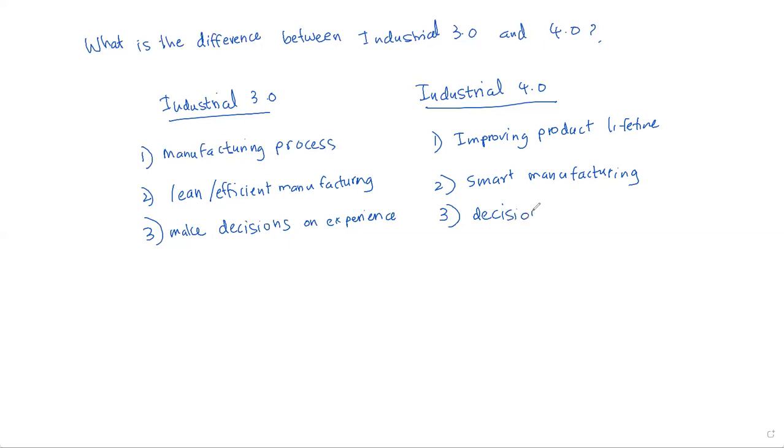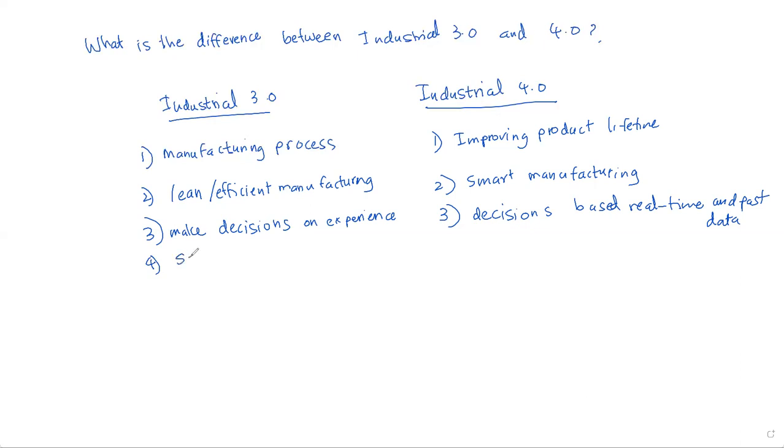In 4.0, we are making decisions based on real-time data, like the very fast or latest data, and past data, right? So we can use both data types to make decisions, which could be more efficient than making decisions based only on experience or the past data that have been available for many years.